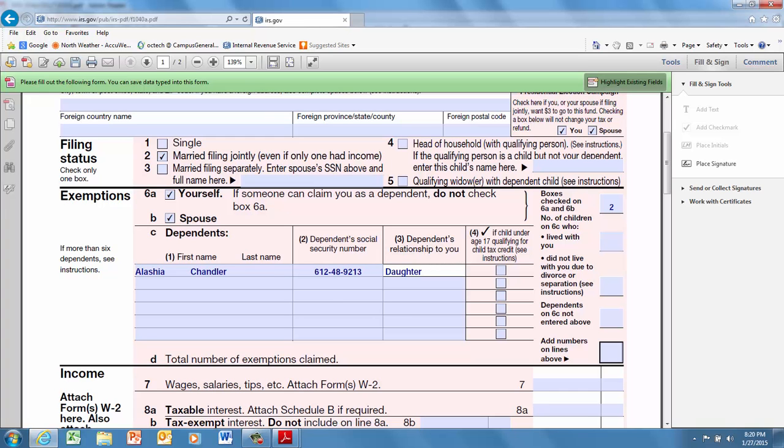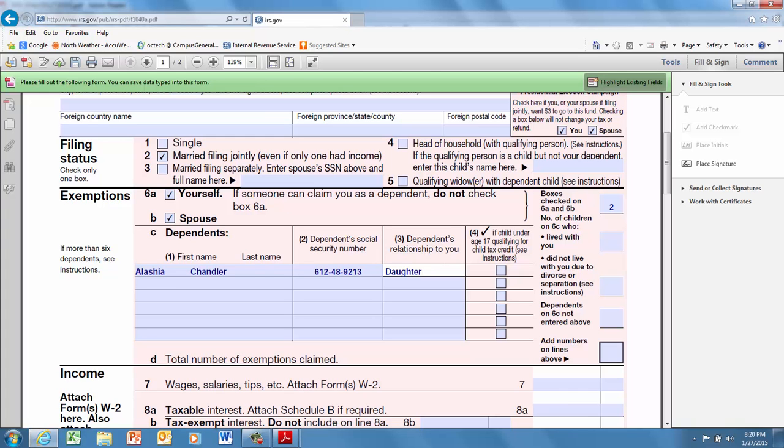Now, typically, Alicia would qualify for the child tax credit. However, we haven't talked about any credits yet, and so I'm going to leave that blank for right now, and later in the semester when we talk about credits, we'll add those credits.